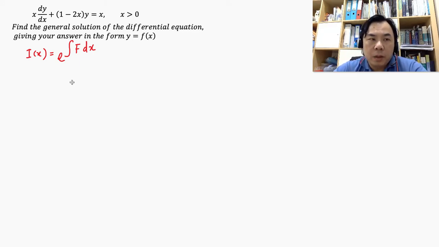equation. Okay, but anyway, before we can actually use this integrating factor formula, we have to make sure we can obtain, for instance, in this example here, we are given this first order ordinary differential equation. Okay, I'm going to write this one down.